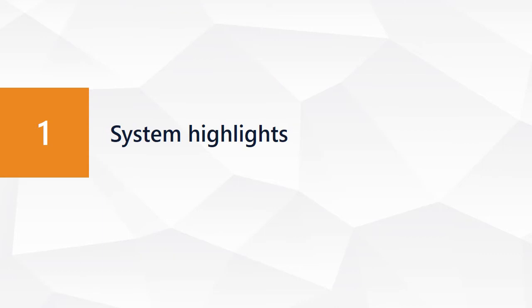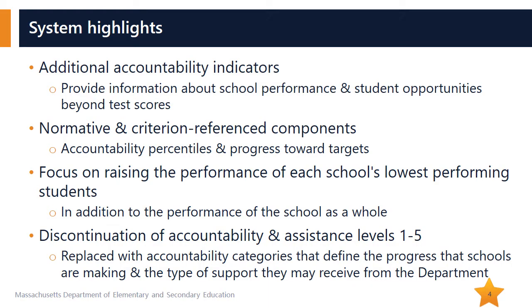First, let's talk about a few key highlights of the system. Our new school and district accountability system will consist of new indicators. The inclusion of additional indicators beyond student test scores will paint a more complete picture of school performance and student outcomes.